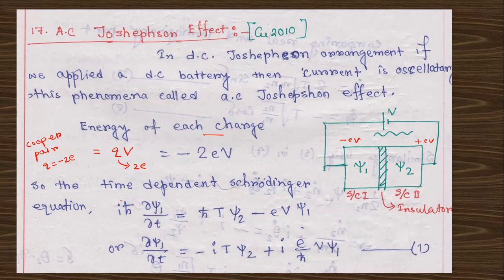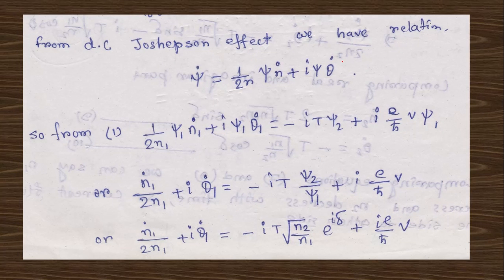If you put this in the Schrodinger equation in the same manner, this term is the energy term and this is the potential energy term. We put this for psi 1, that is superconductor 1, and for superconductor 2.